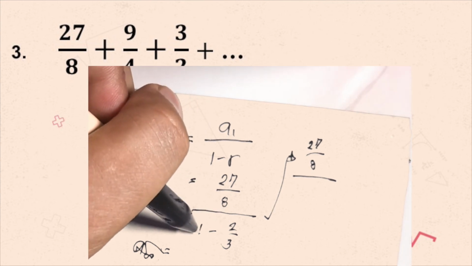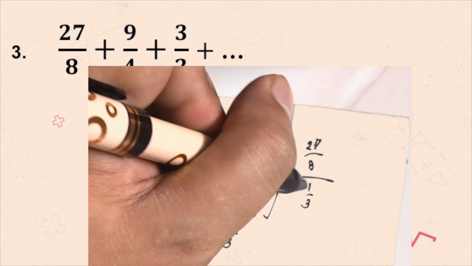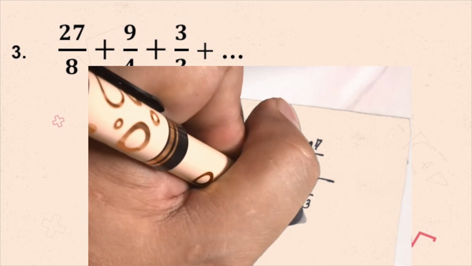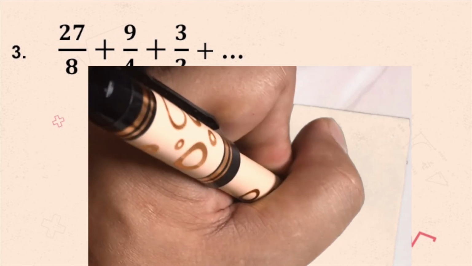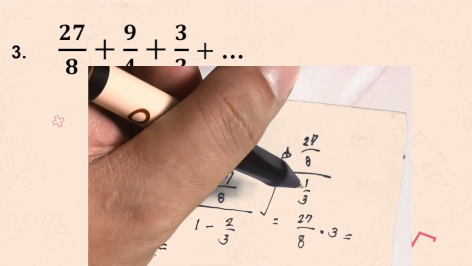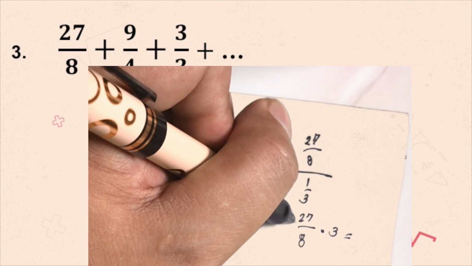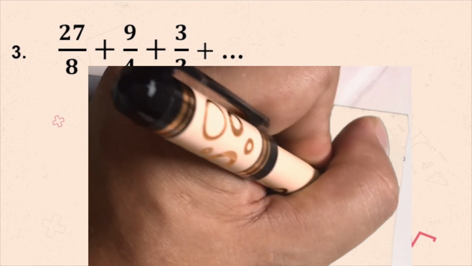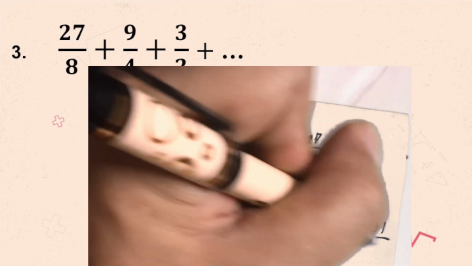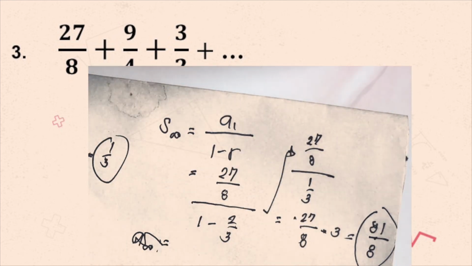This will be 3 over 3 minus 2 thirds. It will be 1 third. So get the reciprocal of it. This will be 27 over 8 times the reciprocal, which is 3. No terms can be cancelled, so we'll just multiply numerator to numerator, denominator to denominator. 27 times 3 is 81. Then this will be 8. So the sum now is 81 over 8.